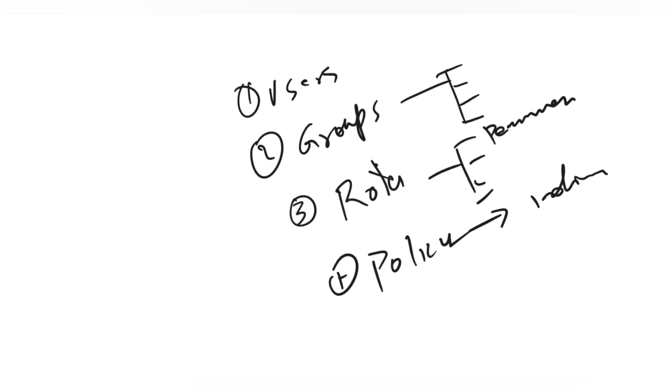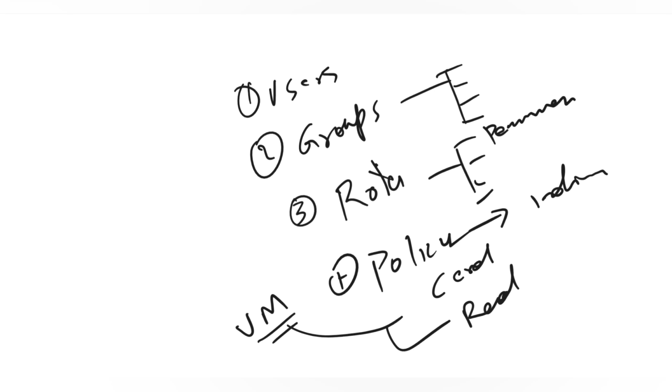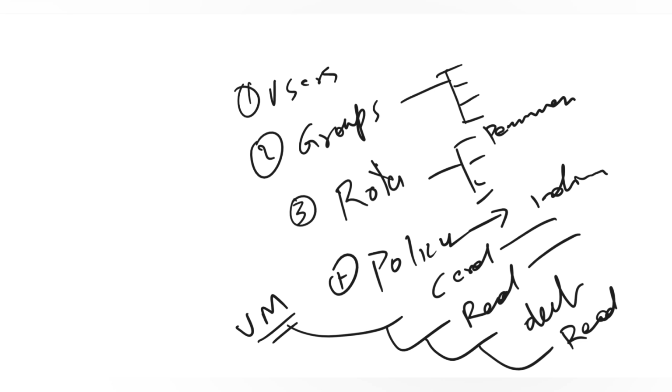For example, if you consider virtual machines, we have multiple permissions: permission to create virtual machines, permission to read the virtual machine properties, permission to delete the virtual machine, or permission to do read only on the virtual machine. These individual things are considered as policies. However, a role is combined.